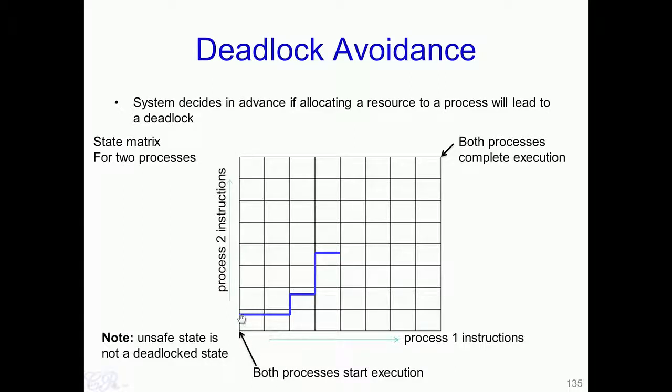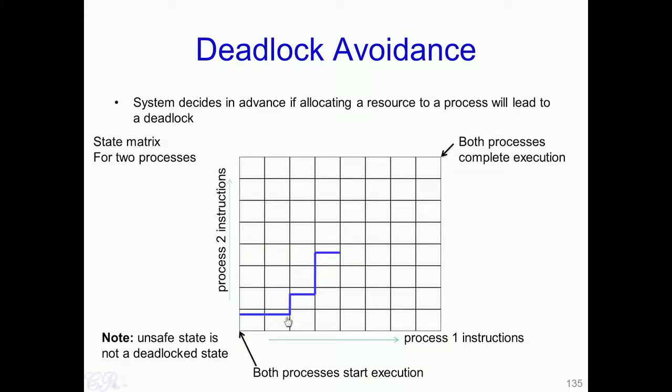Now, this line over here indicates the execution path. For example, over here the line is horizontal, indicating that instructions corresponding to process 1 get executed. So, as a result of process 1 executing while process 2 is not executing, we get a state of the system over here, which is shown by this small square.